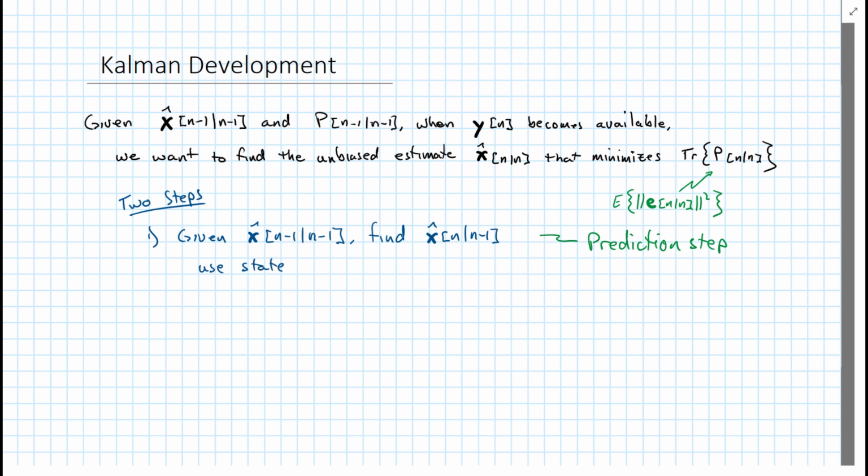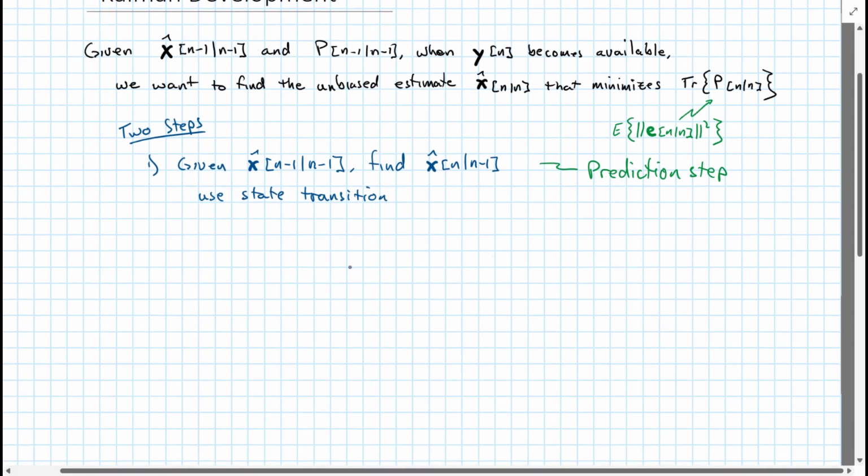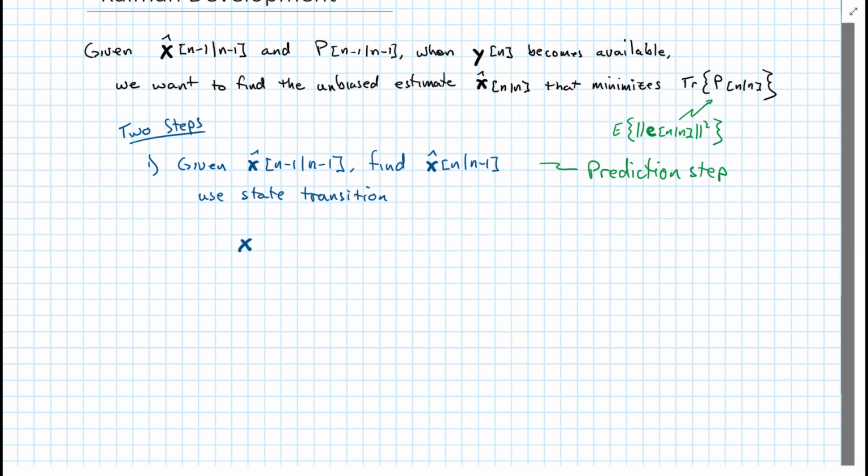Now, one thing I've noticed is that some people miss this fact, but this state transition equation is going to be slightly different than what we had before. This is going to be our estimate update and not the update of the actual state. What does that mean?